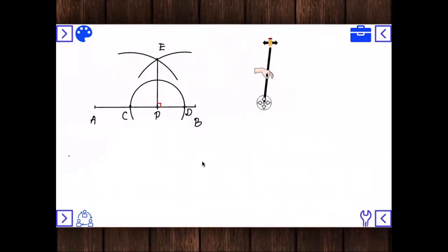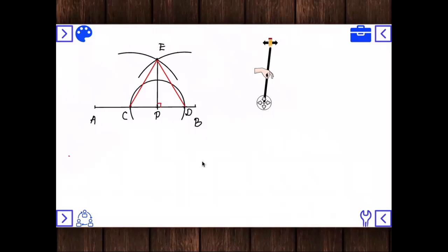If we join EC and ED, we'll see 2 triangles, CEP and DEP, right? As long as we can prove these 2 triangles are congruent, then we know that angle EPC is equal to angle EPD.